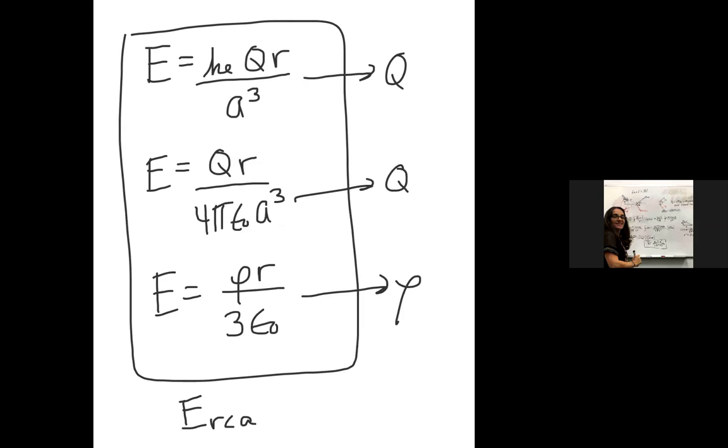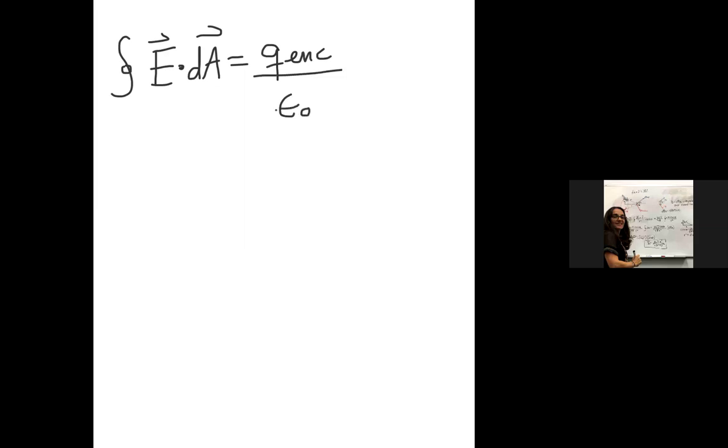Okay, so what we do when we look at Gauss's law is this. We're going to focus on E dot dA is equal to charge enclosed over epsilon naught. And your brain power should go right here. That's the one you want to figure out.